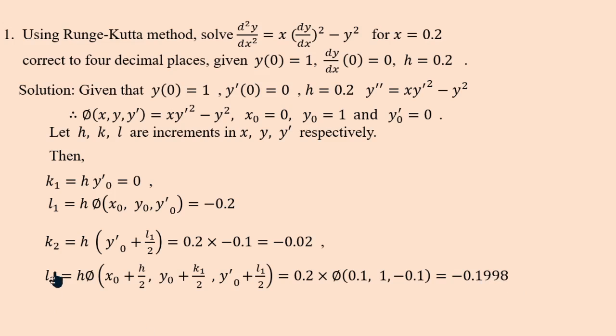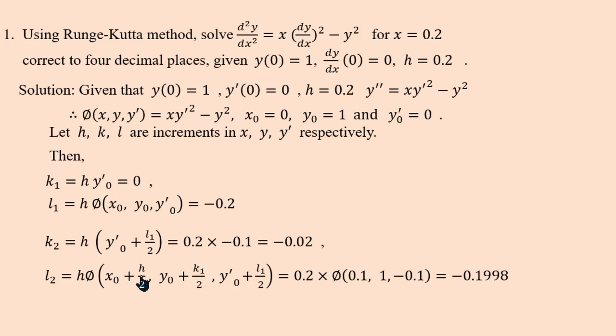After calculating K2 and L2, for the next step the y coordinate is y naught plus K2 by 2 and the third coordinate is y naught dash plus L2 by 2. Therefore, find out L2 by 2 plus y naught dash, K2 by 2 plus y naught, and substitute it. This is the same, that is 0.1 only.